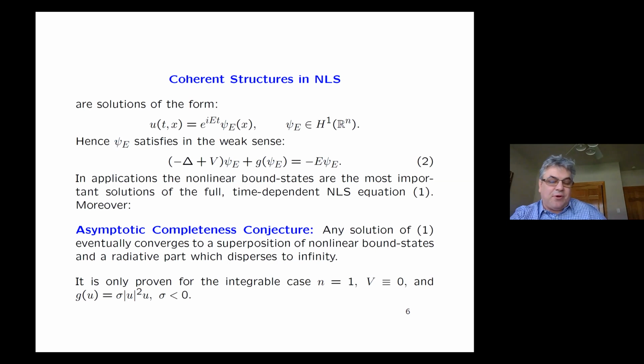But I would say from the start, we need to know all these solutions, right? In order to know what will be the superposition that the initial data could approach. And it's interesting that we actually know very little about the solutions of this problem. Can you find all solutions? Can you find a solution for each E, for example?